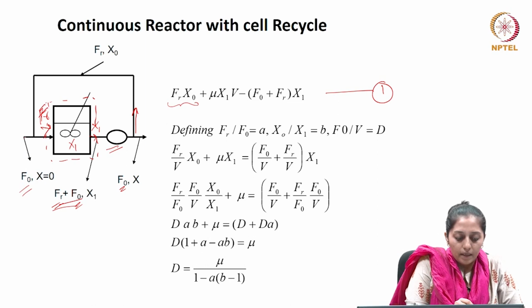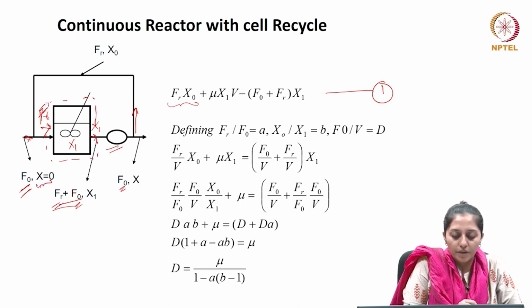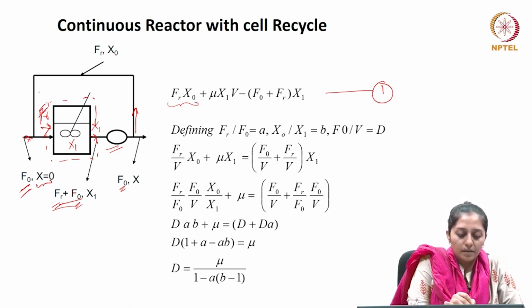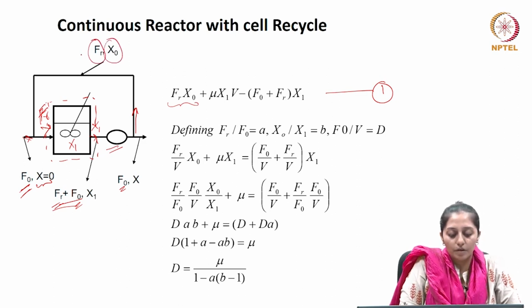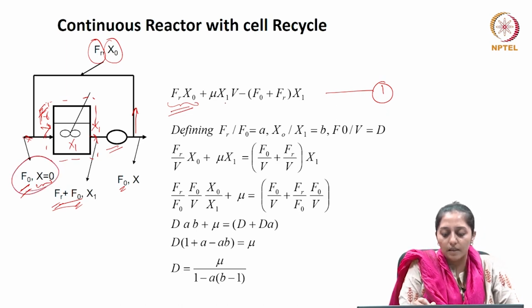Your inlet stream here is being given as F0 and it is a sterile stream, so that has not been considered. Then here the recycled stream has a volumetric flow rate of Fr with a biomass concentration of x0. So, the first term represents the rate at which the biomass is coming inside the reactor. They have not shown the term F0 into x, which is 0 because it is a sterile feed stream.